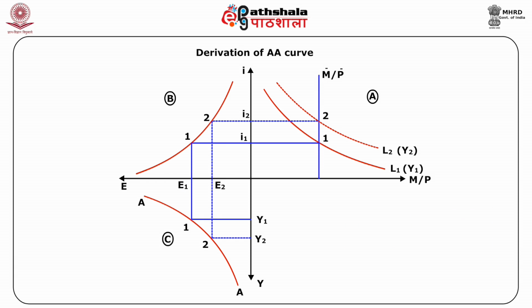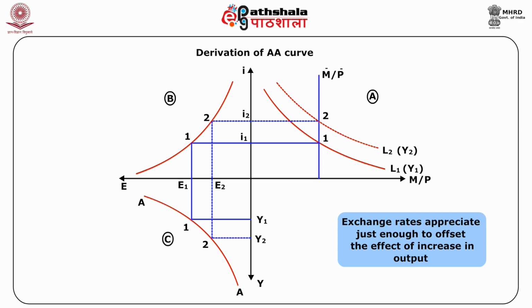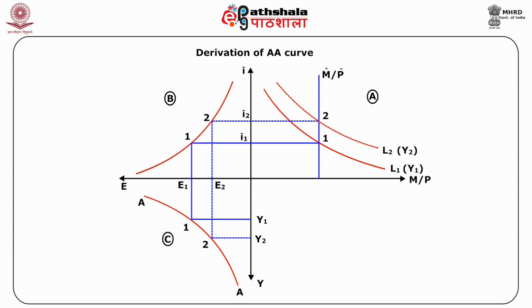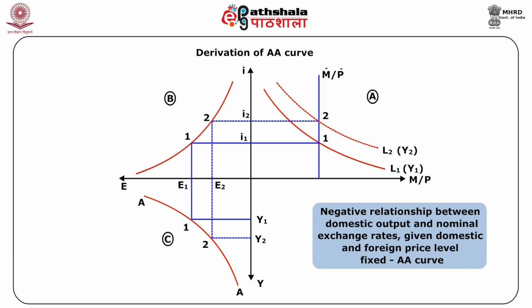Thus, to make money market in equilibrium, exchange rates appreciate just enough to offset the effect of the increase in output. Panel C thus shows a negative relationship between domestic output and nominal exchange rates given the domestic and foreign price level fixed.